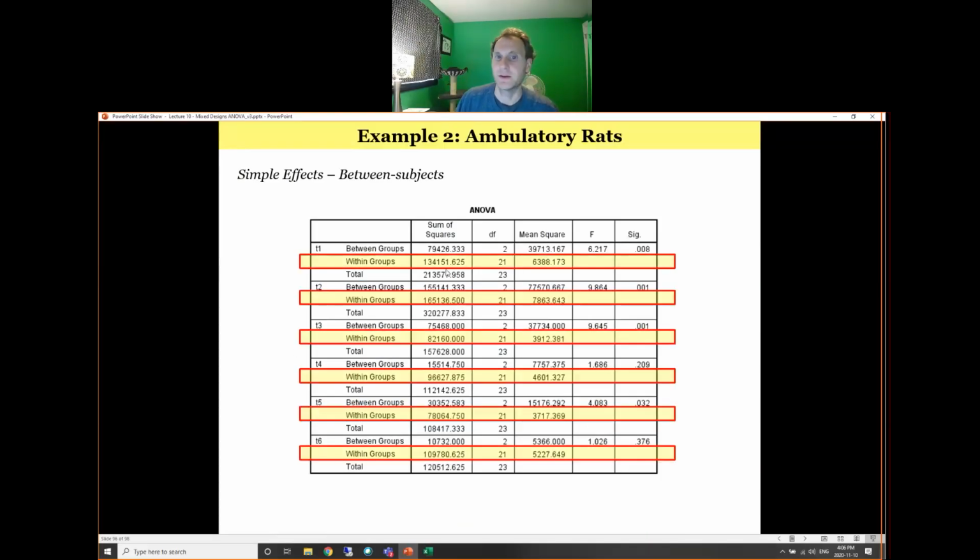But again, see that it is giving me a different error term, which SPSS calls within groups, but this is just our error term, right? It's giving me a different error term at each time period. And it's only giving me 21 degrees of freedom because when it computes the ANOVA on time 1, it's not using any of the information from the other time periods.